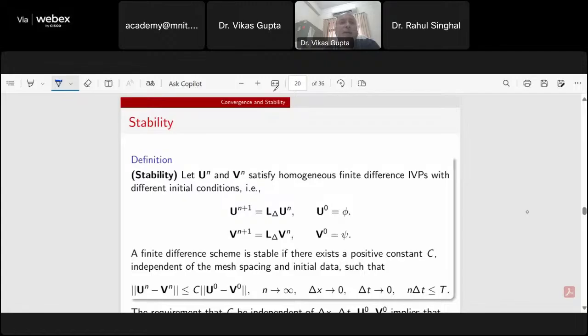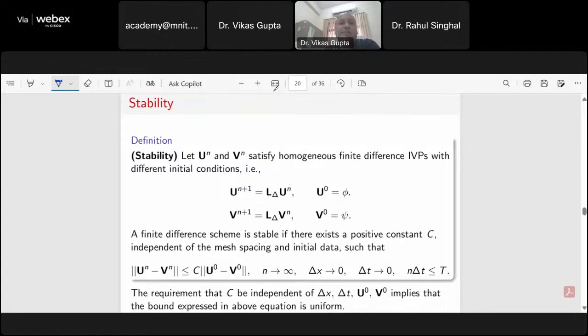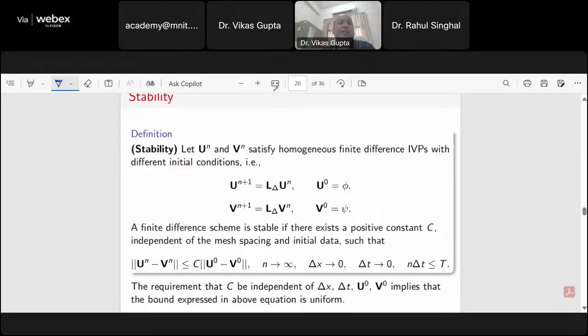Now we come to define the most important concept of stability for a given finite difference scheme. To define stability, let us assume that vector Un and vector Vn at the nth time level satisfy the homogeneous finite difference initial value problem with different initial conditions.